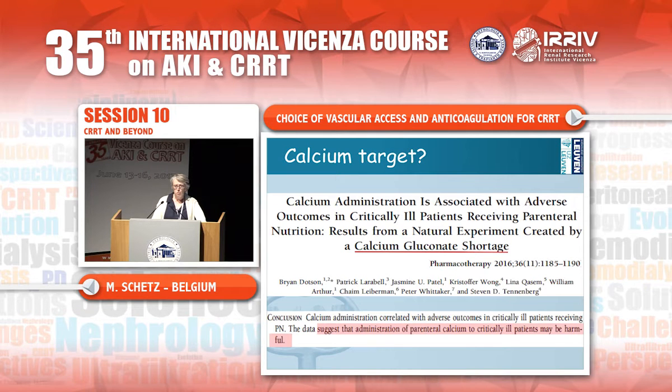Because of the shortage of calcium gluconate, they stopped adding calcium gluconate to the parenteral nutrition, and then they saw that the outcomes improved. And this suggests that the administration of parenteral calcium to critically ill patients that often have hypocalcemia may be harmful.